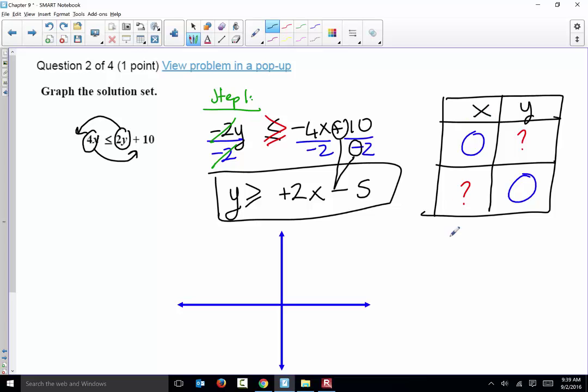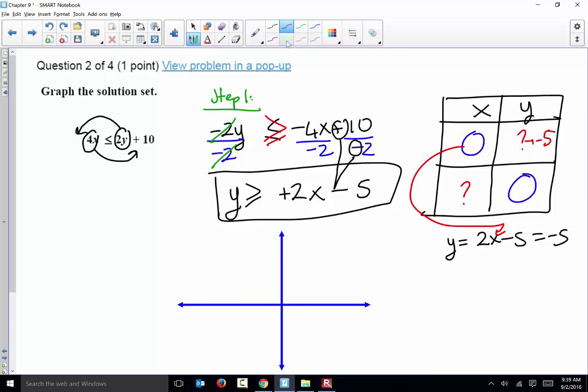So if I choose 0 for x, y equals 2x minus 5 turns into, this 0 is gonna make this guy 0. You will get minus 5. So this thing is minus 5.